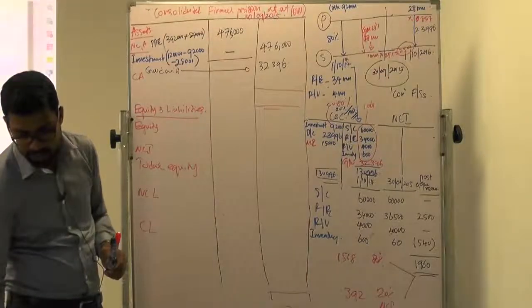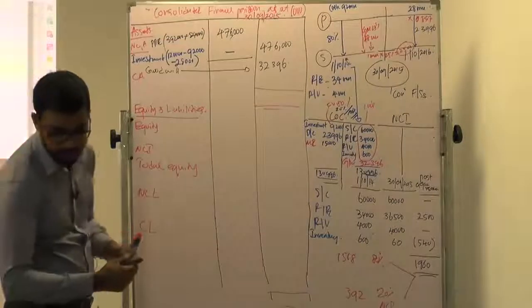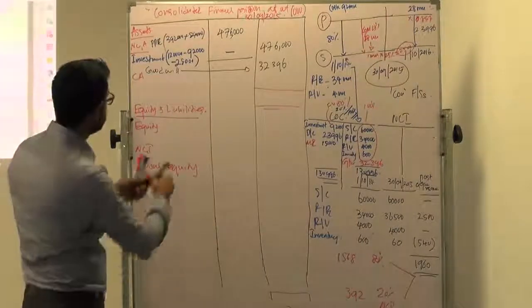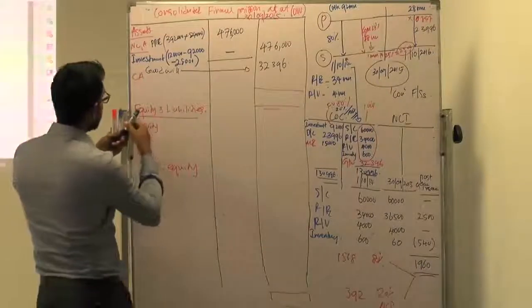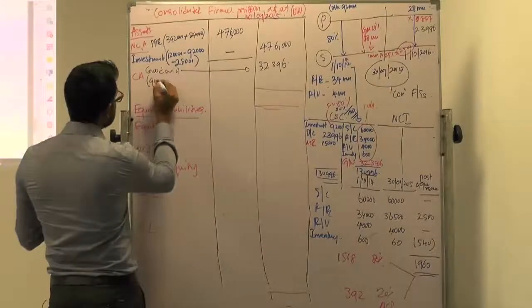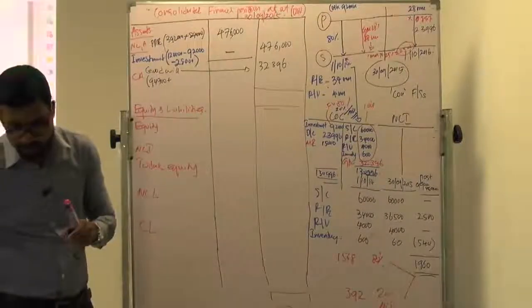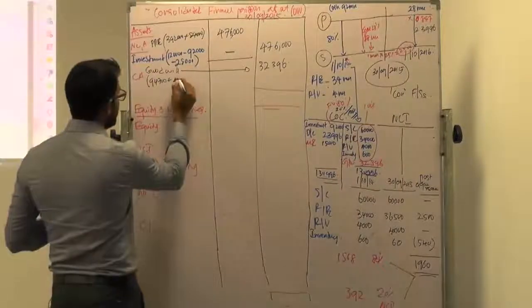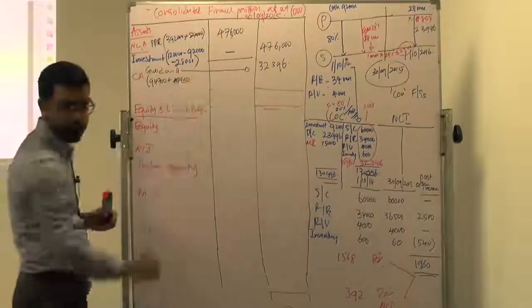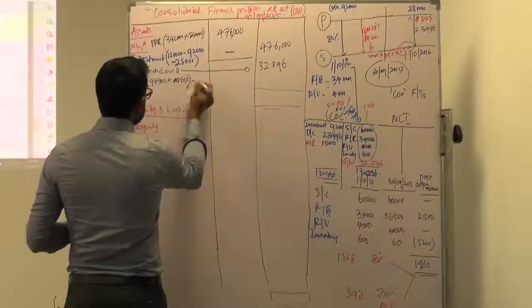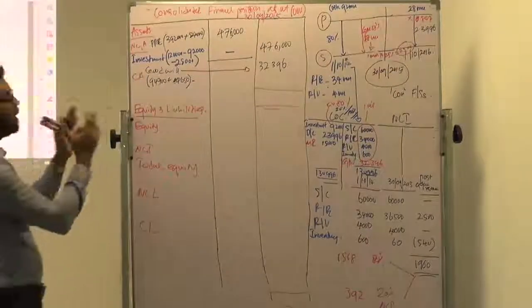Current assets. 94,700. Parent, subsidiary 44,650. I told you in the first step, adding line by line.